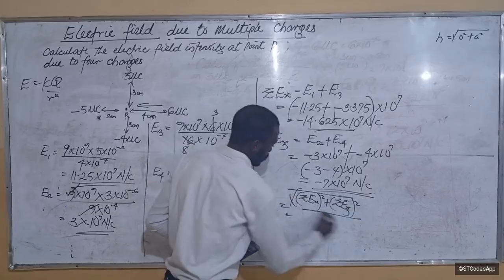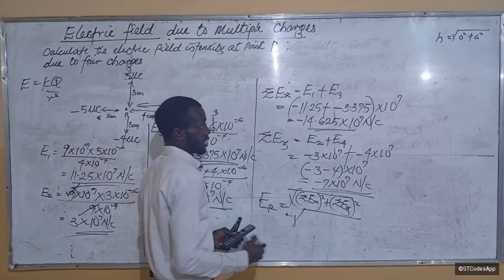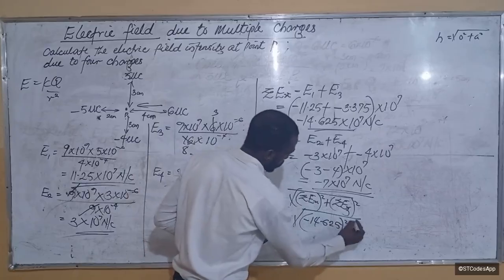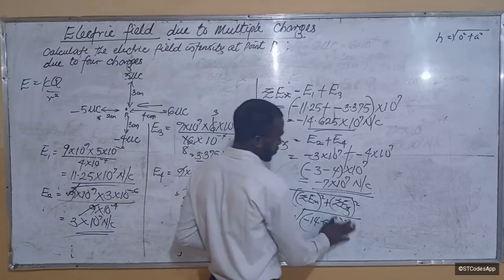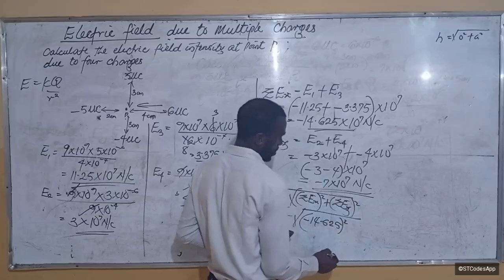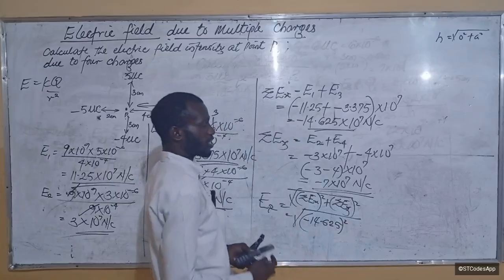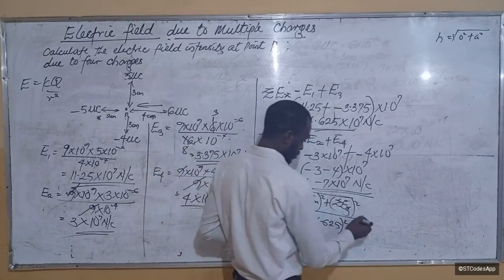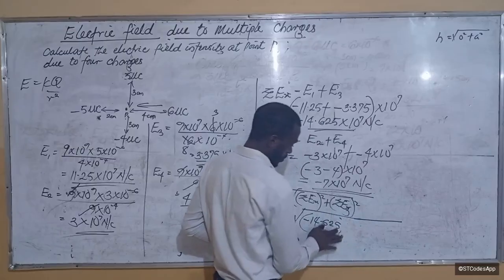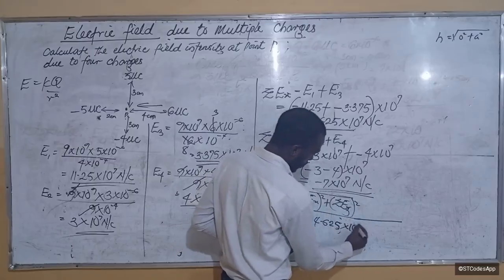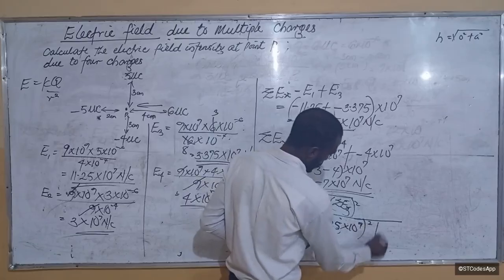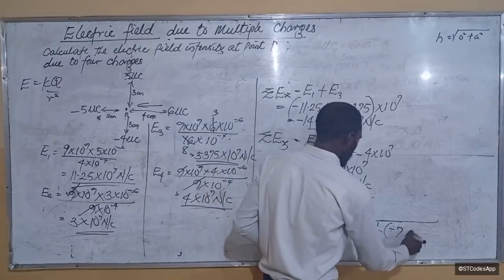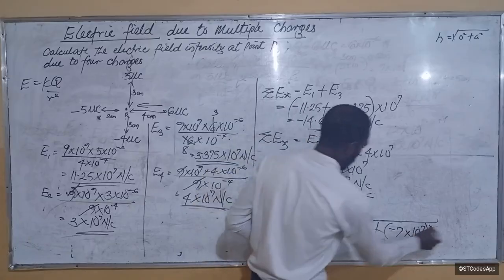What we have eventually will be the sum of electric field on the x-axis, minus 14.625 times 10 to the power 7, all squared, plus this guy, negative 7 times 10 to the power 7, all squared.